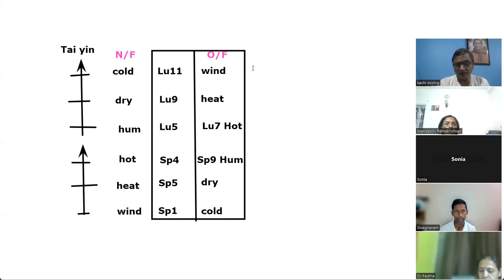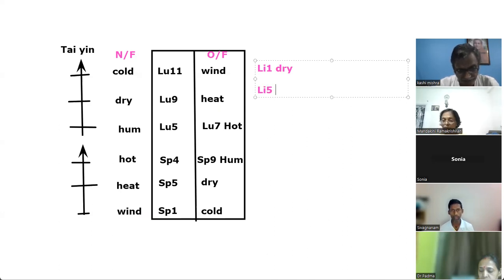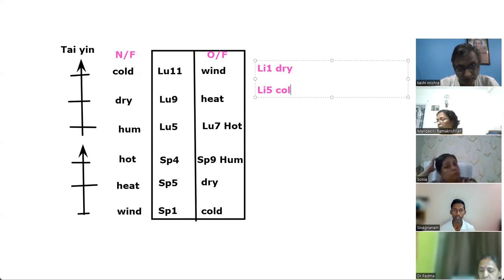So large intestine, first point will be what? LI1. And this will be dryness. First point is always dryness. Then the second will be LI5. And that will be cold.